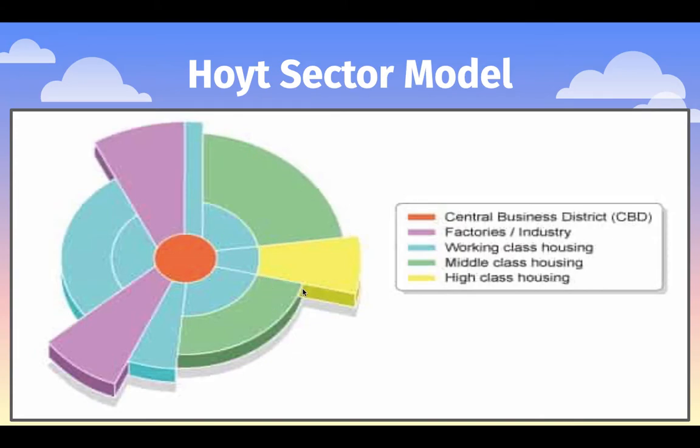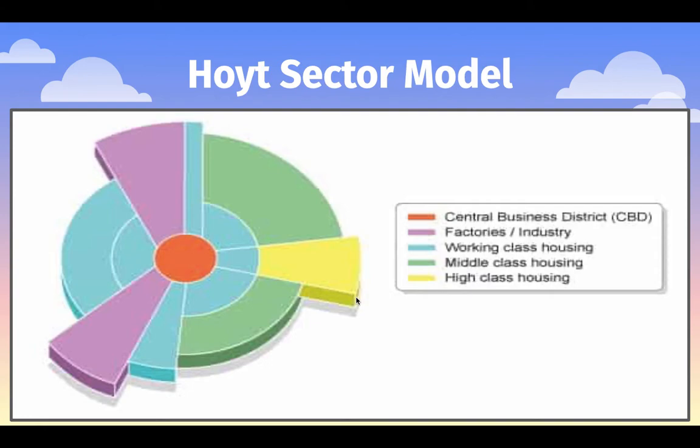Then we get these big sectors along the edges here that are not connected to the central business district that represent middle class housing. And then finally, we have one wedge on the outside here, and you can see it's sticking out a little bit further than these suburban middle class areas.